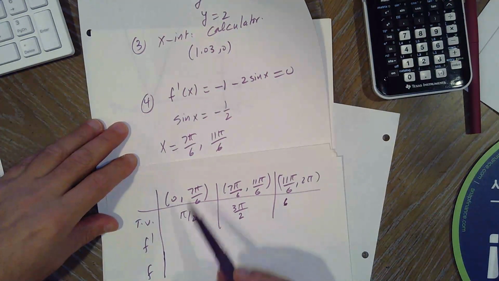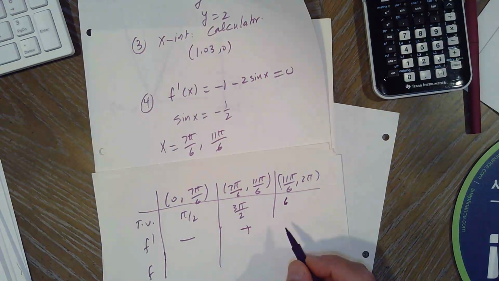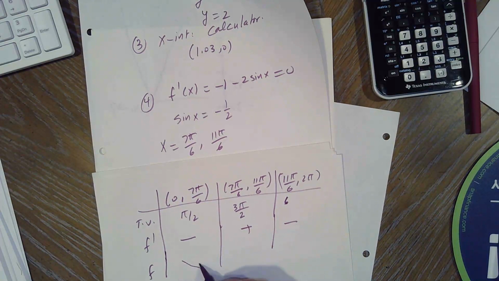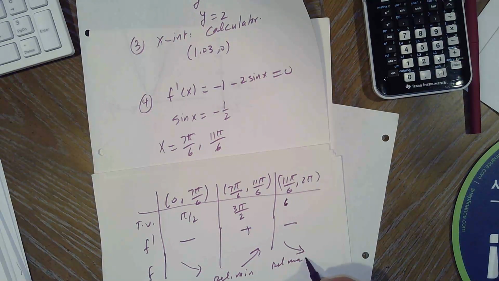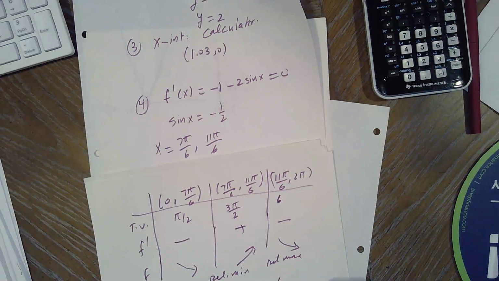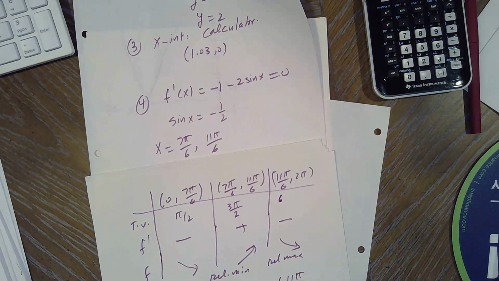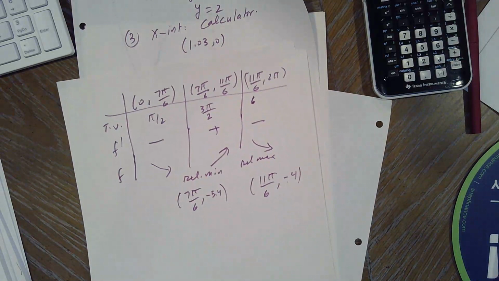F prime, you plug each one in there, you get negative, positive, negative, so the function is decreasing, increasing, decreasing, so we have a relative min and a relative max. At 7 pi over 6 we get the y value, and then at 11 pi over 6 we get the value by plugging them in. I got negative 5.4 roughly and negative 4, again by plugging those values into the calculator.